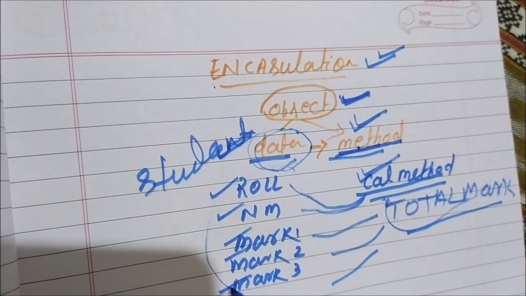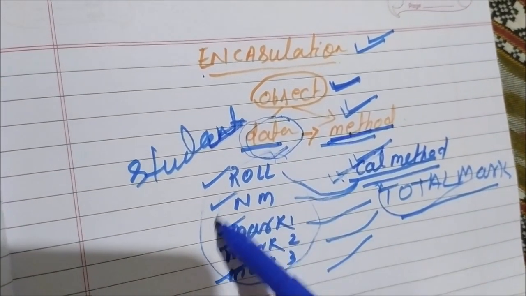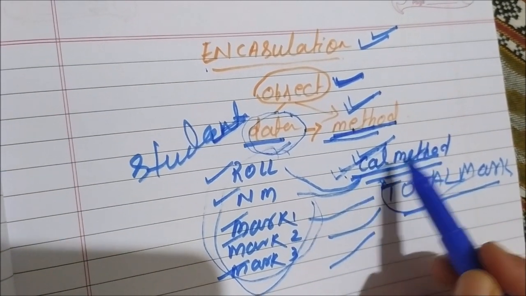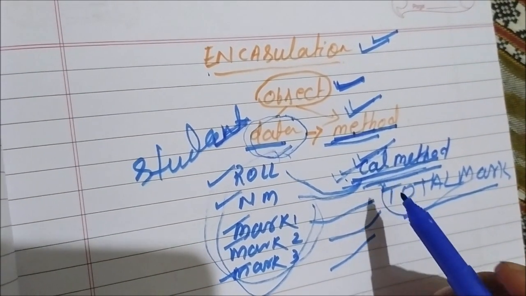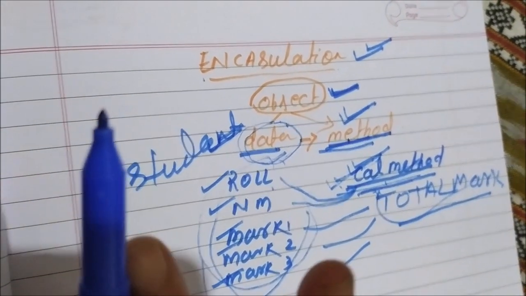So this data has to be accessed through whom? The calculate method. This data is manipulated through what? The calculate method. So this calculate method uses this data of a student object.